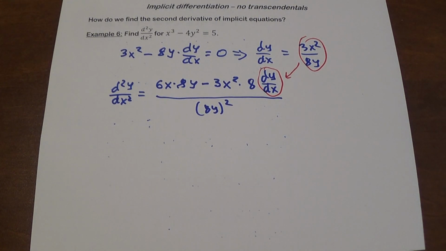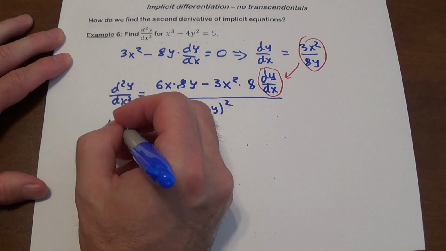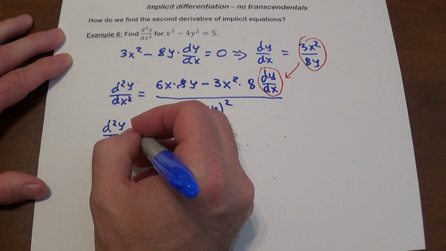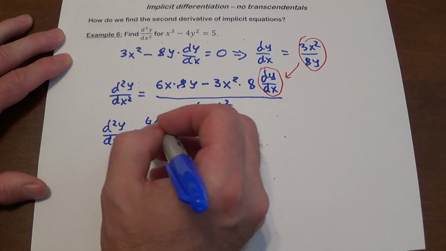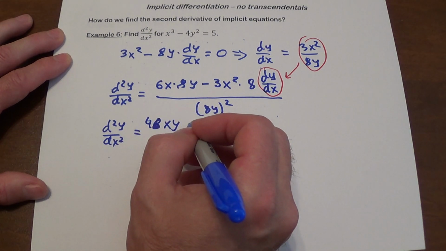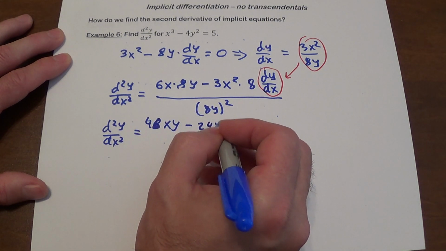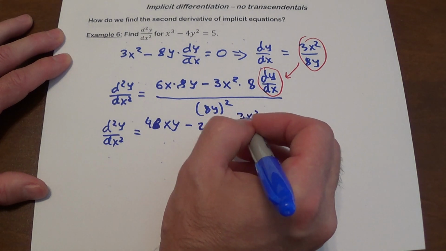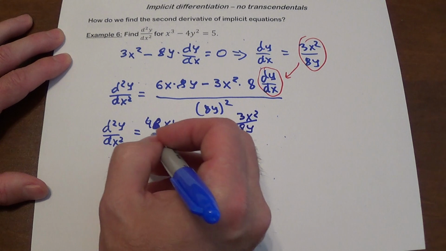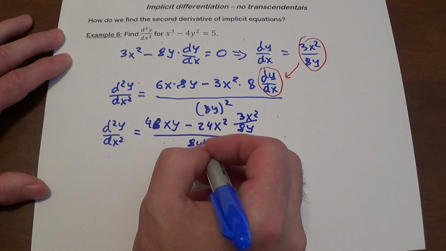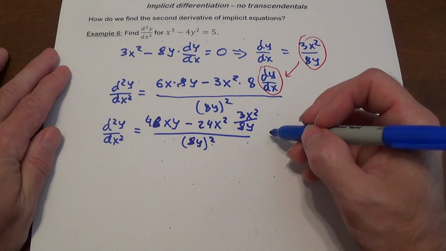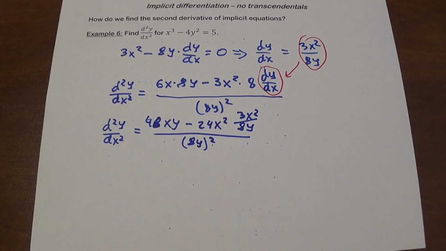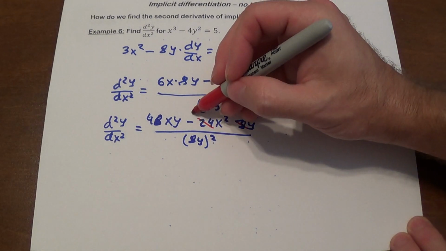So, what are we getting now? We're going to get d squared y over dx squared. It's going to be 48xy minus 24x squared times 3x squared over 8y, all over 8y squared. We can simplify this, well, we can simplify, so it's 24 divided by 8, which is going to leave you with 3, right?